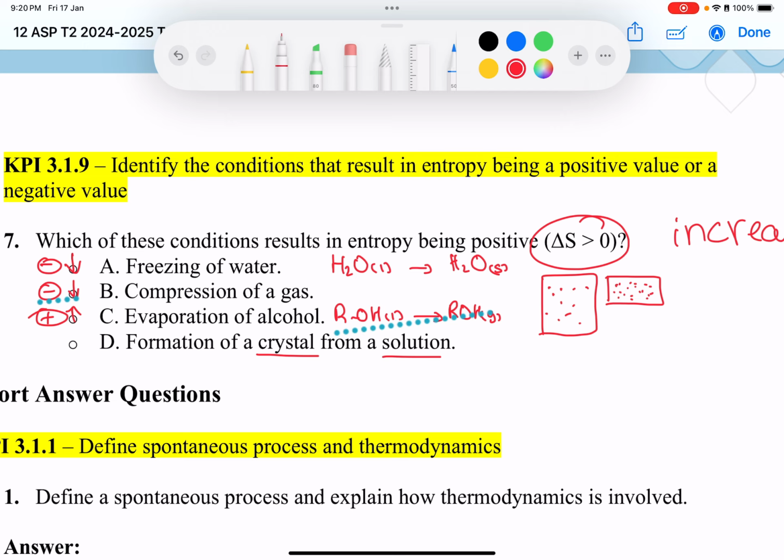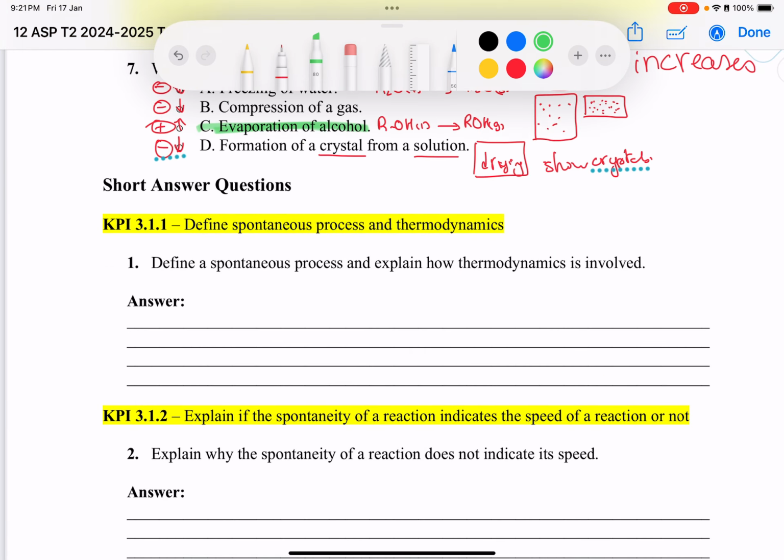It means when we dry a solution of salt dissolved in water, the solution will result in the formation of crystals. So it will become ordered again. So that's a decrease and it's negative. So the correct answer is C.